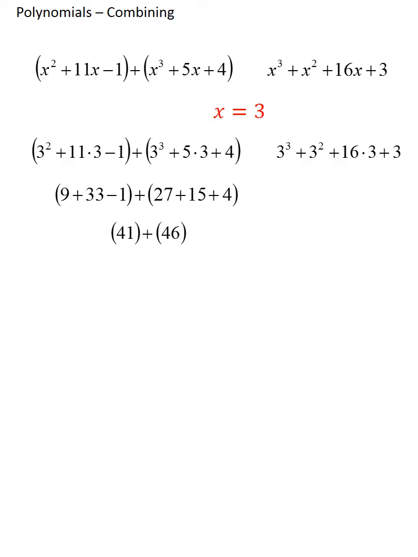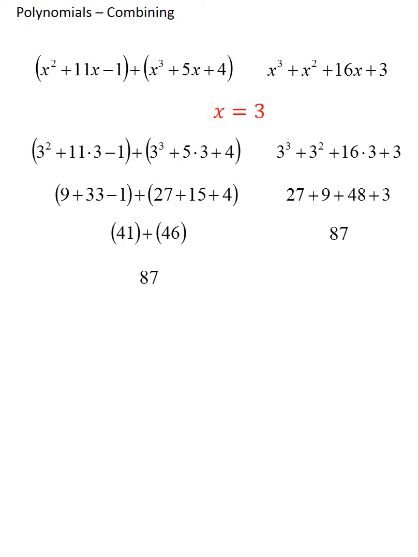If you want to follow every numerical detail, pause the video. But the bigger picture here is that this first mathematics expression would simplify to 87 if x were 3. How about the second one? If we simplified that, we would get the same number.